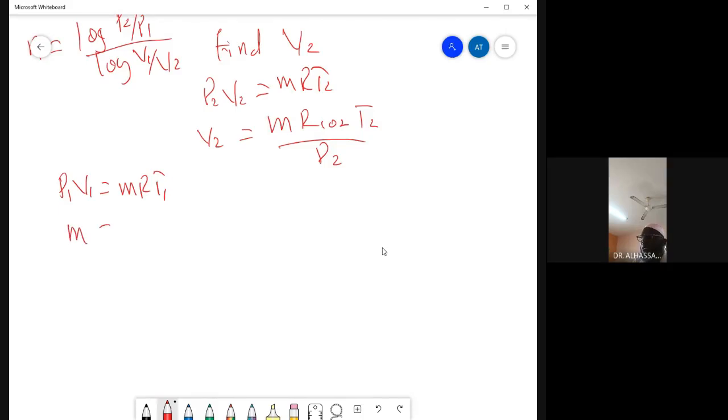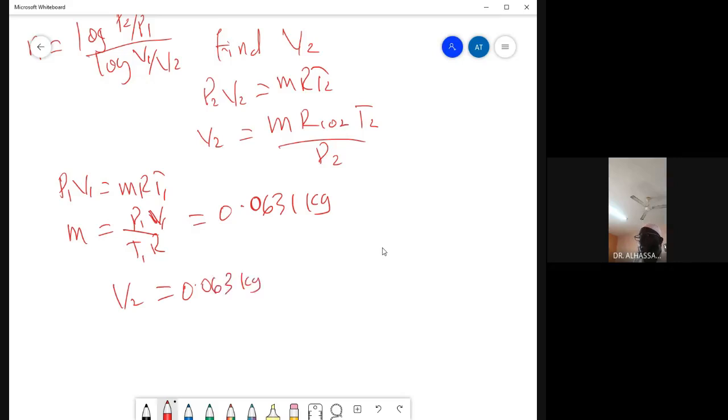So mass gives me P1 V1 divided by T1 times R, the ideal gas constant. If you calculate correctly, this gives me 0.0631 kilogram.